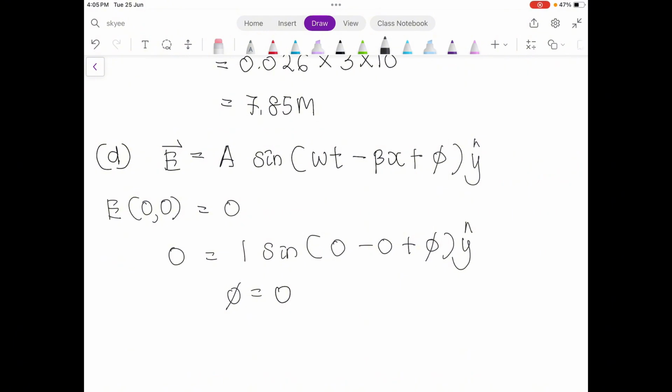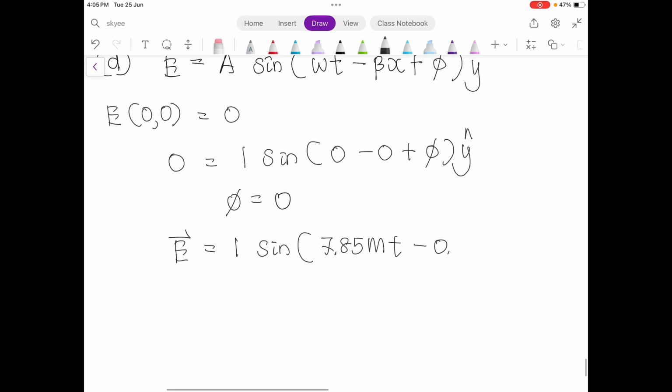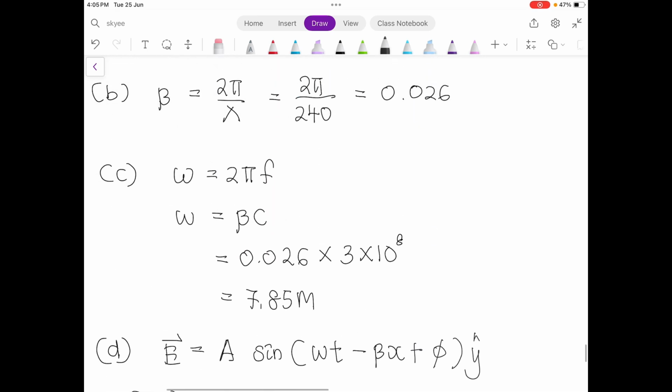So from here, we can put the values into the electric field: 1 sine(7.85 mega t minus 0.026 x), in the y direction. So this would be the electric field formula.